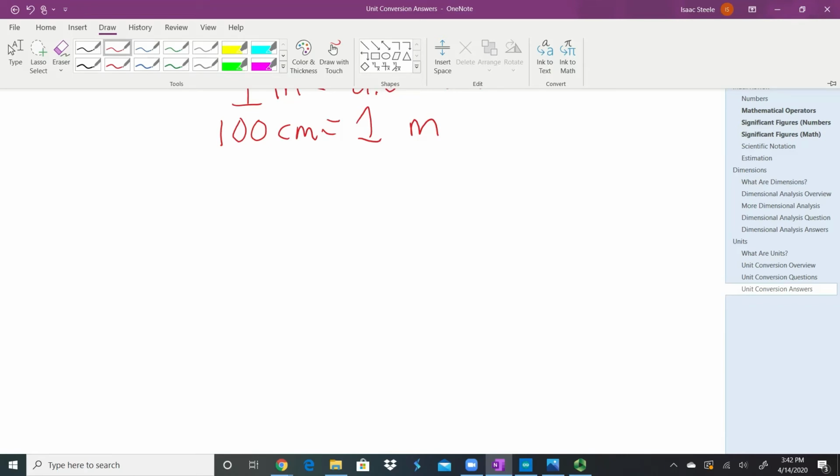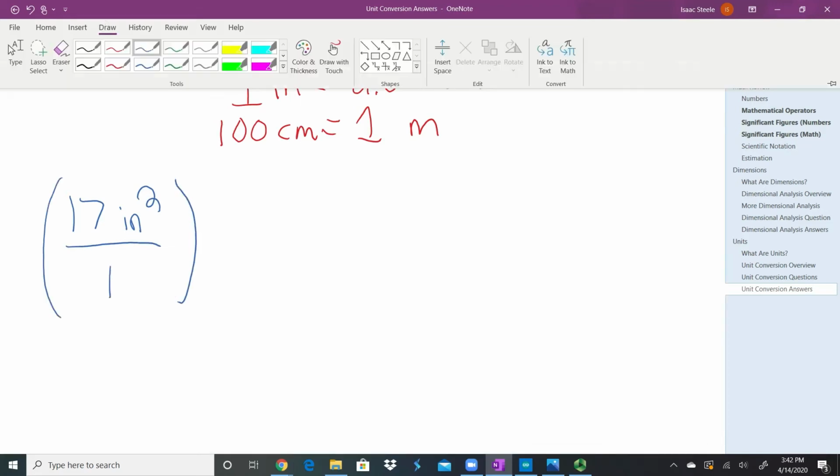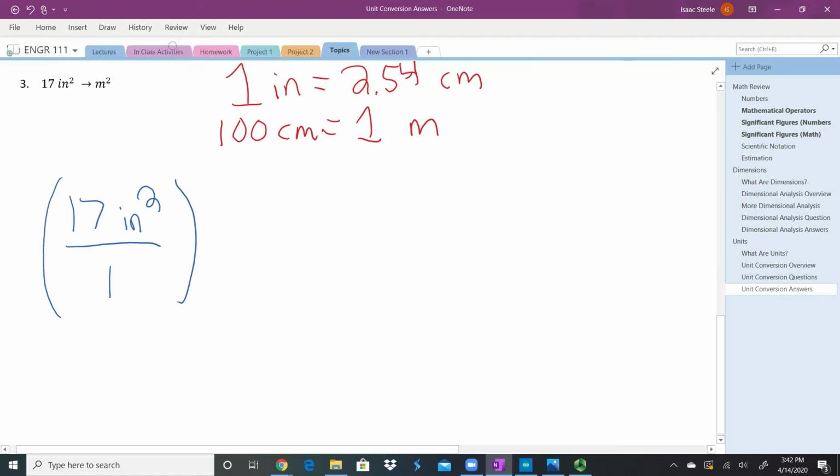This one is actually a little bit more tricky than it looks, because what a lot of people will do is they'll turn this in and they'll say, all right, so I write my 17 inches squared, do a fraction, and they'll start canceling stuff out, and they'll find their first conversion factor, and they'll say inches, I put on the bottom.